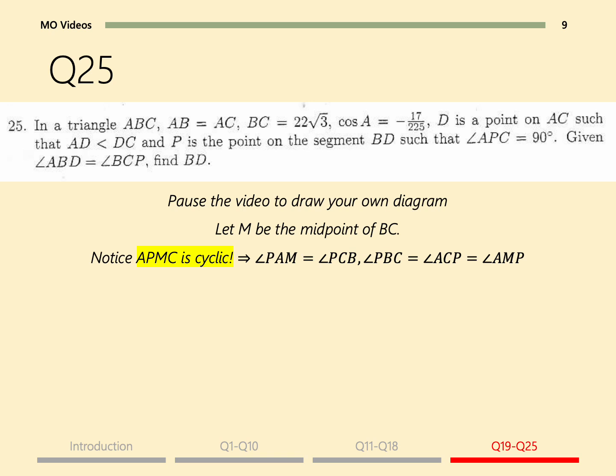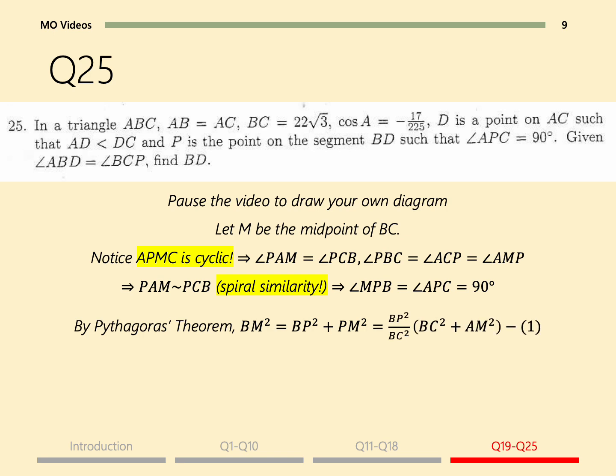And so observing that angle PBC is equal to angle ACP by the angle condition given in the question, and noticing that this angle is equal to angle AMP, we derive the spiral similarity between triangles PAM and PCB, giving the alternative characterization of point P as the foot of the altitude from M to BD.